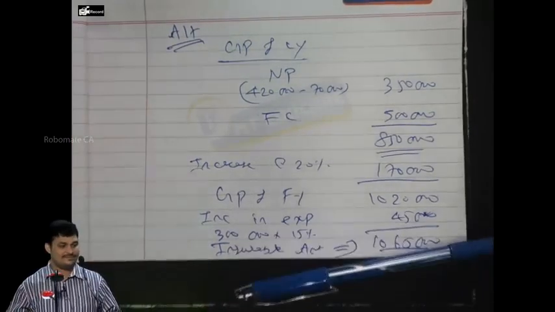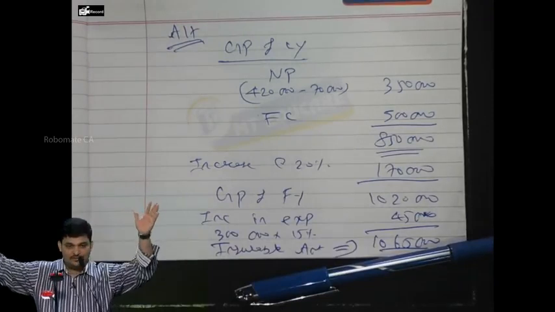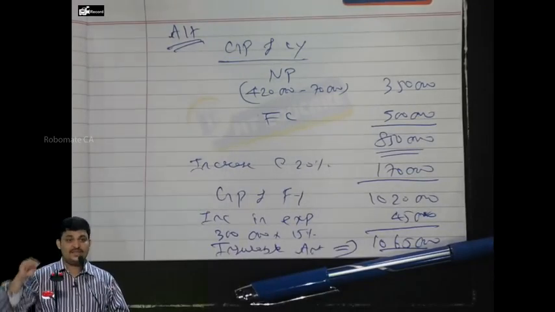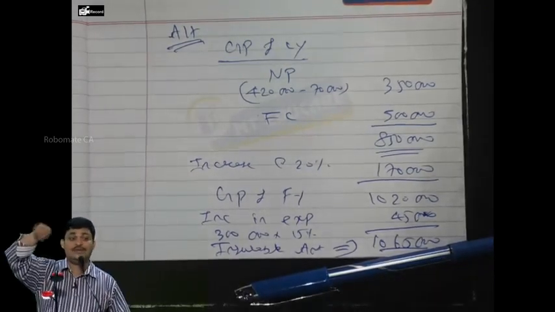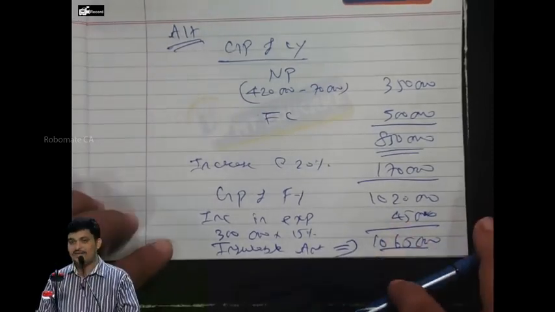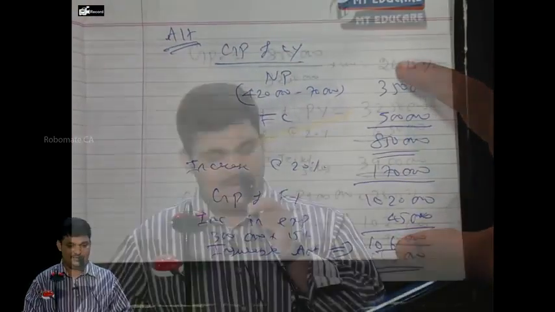This is a shortcut. Are you following? So it is projecting the sales of future into GPR that is what you are supposed to insure, correct? Plus if there is any increase in expenditure that is not covered by the GP automatically, that you have to separately insure, correct? So those things only we are taking. Either you can take it this way or you can take it with the help of sales. Understood?